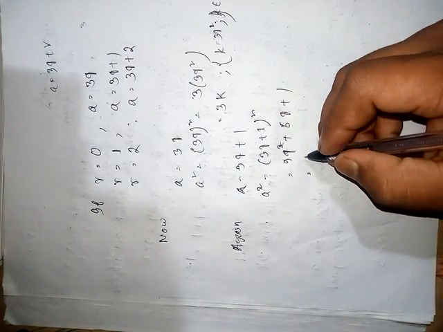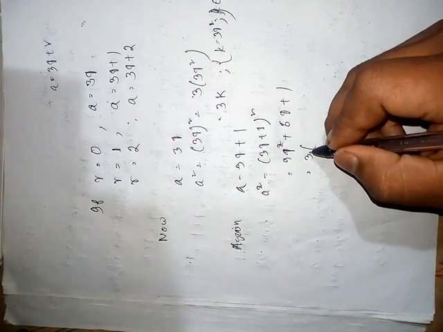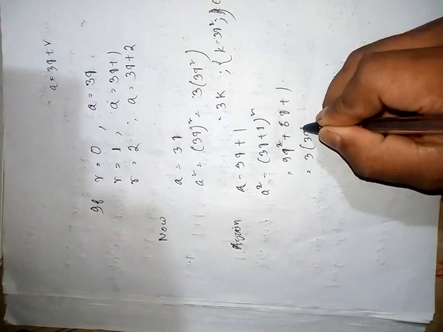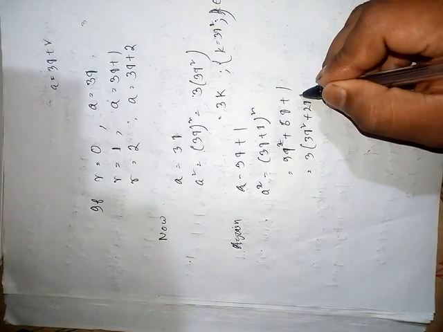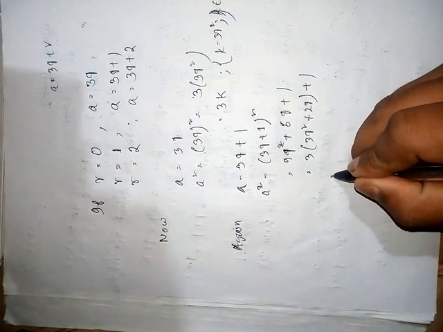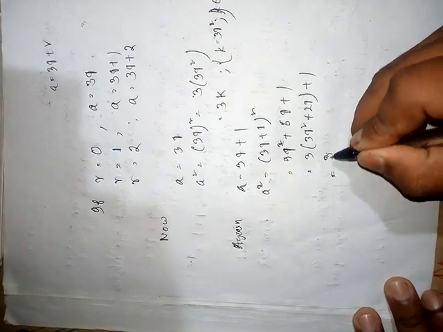Taking common 3, it will be 3 times 3q square plus 2q, plus 1. So this equals 3k plus 1, where k equals 3q square plus 2q.